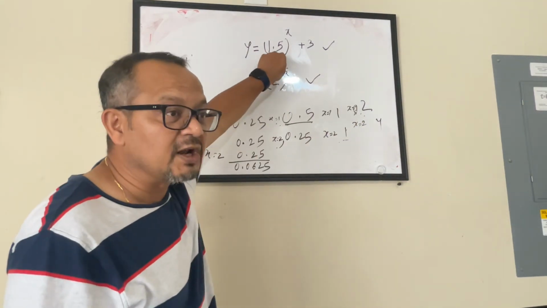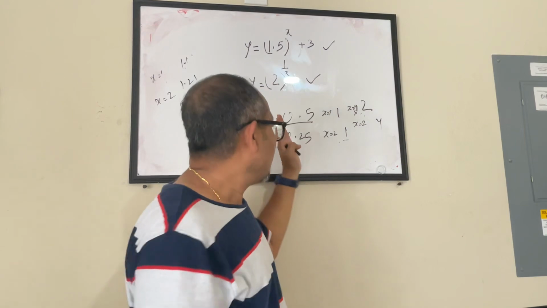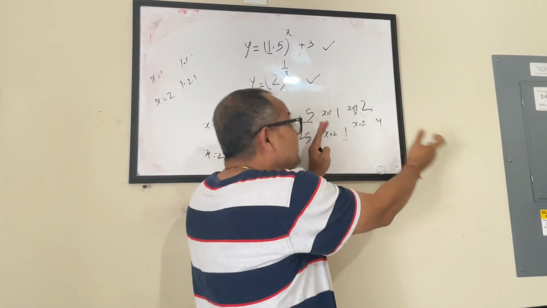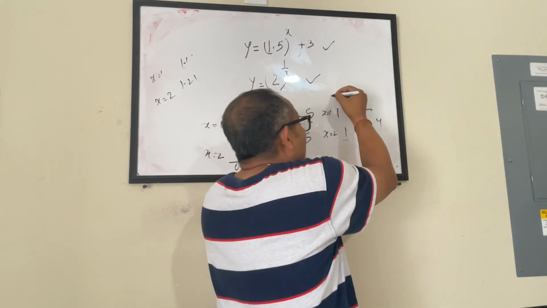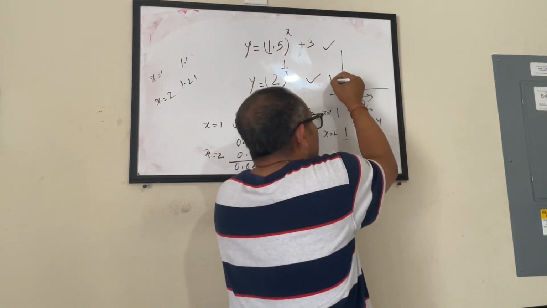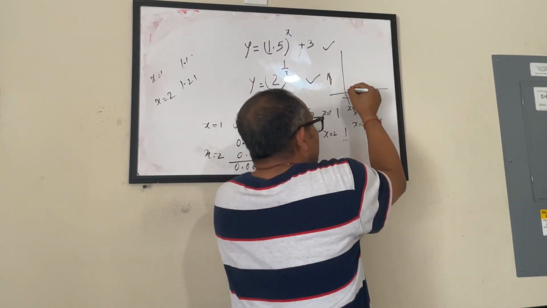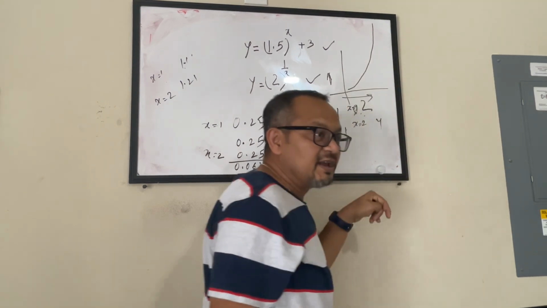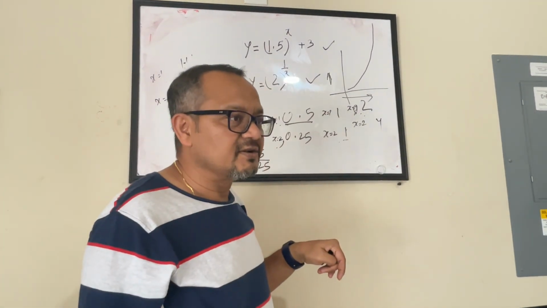Since this is more than 1, it is on this side of the wall, beyond 1. So that's why it's an increasing slope, meaning every increase of x, if my x is on this axis and y is on this axis, is making the y increase. This is how my graph is going.